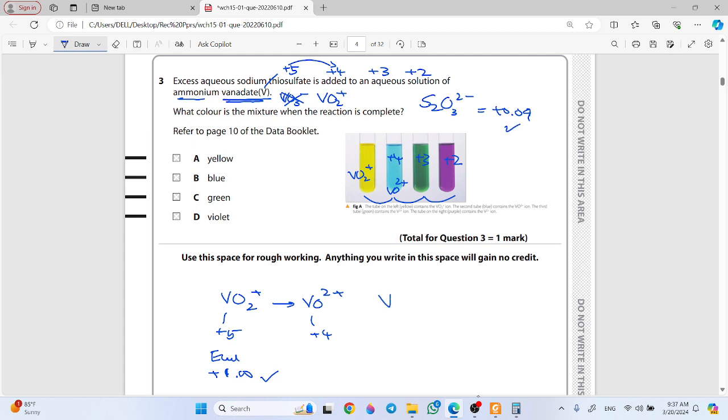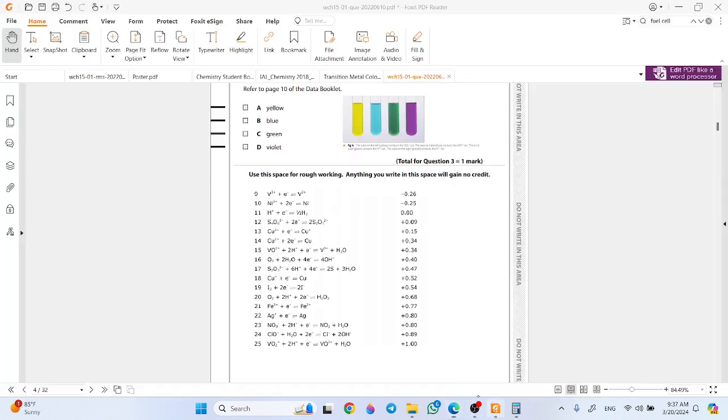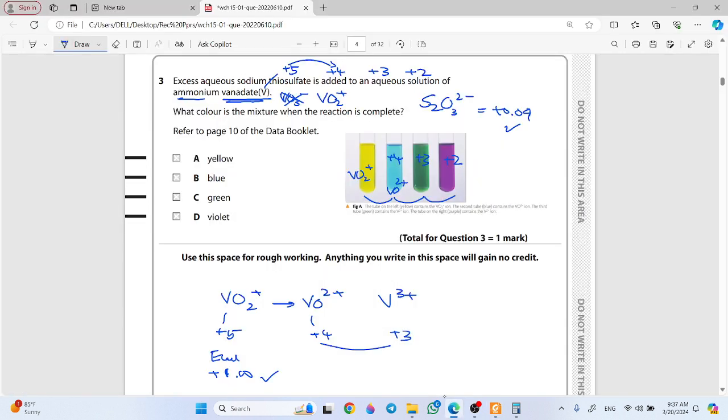Thereafter you think about VO2 plus to V3 plus, that means plus 4 to plus 3. Look at that E cell value, VO2 plus to V3 plus, that's plus 0.34. Even that one is also more positive, so that reaction undergoes, actually that reaction also occurs, right?